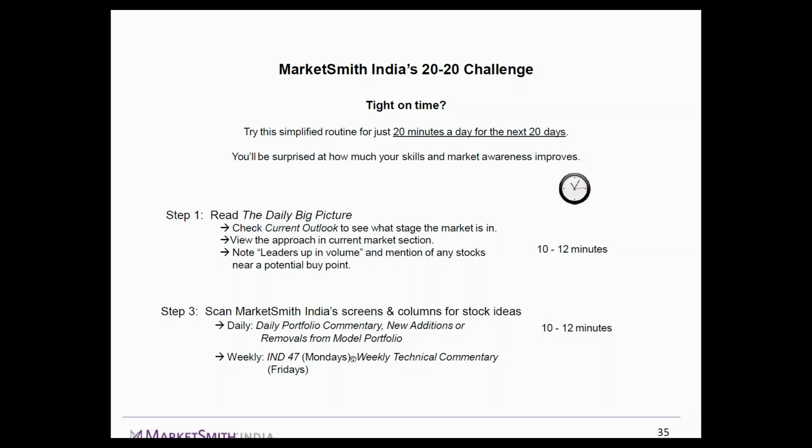However, this is an algorithmically generated list, and we have to be a bit cautious, and we have to understand the company's fundamentals. Otherwise, we can also look at the model portfolio section, where we have recommended a few stocks based on our research, and we feel optimistic about those stocks.